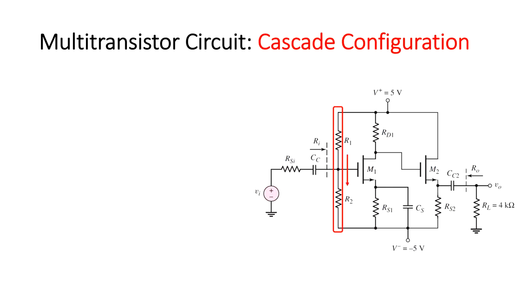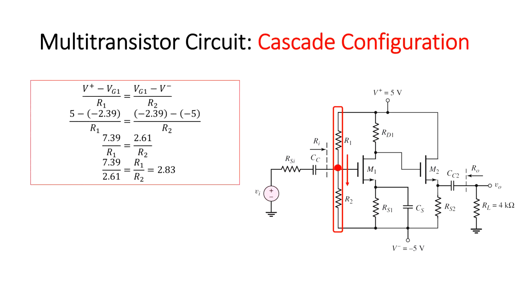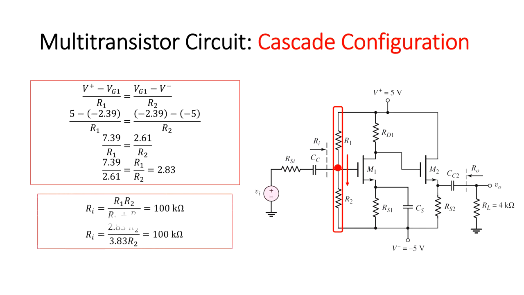By considering the gate voltage of M1, we can write the following. Then, using the input resistance Ri, R2 can be easily found. And finally, R1 is given.